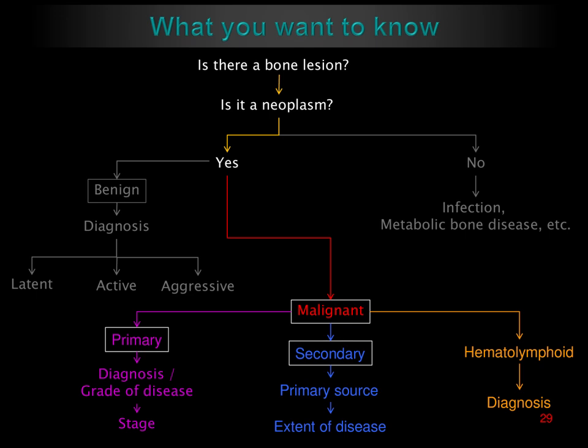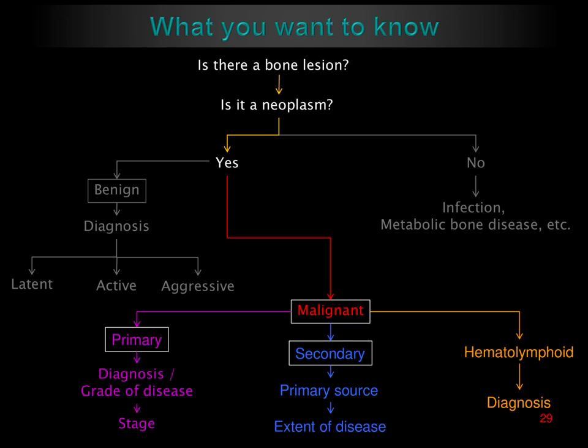When it comes to a skeletal metastasis, you want to know what is the primary cancer from which this metastasis has come, whether it is a breast cancer which has spread to bone, whether it is lung cancer, thyroid cancer. So you want to know what is the primary source organ of that metastasis. Besides that, you also want to know what is the extent of the disease.